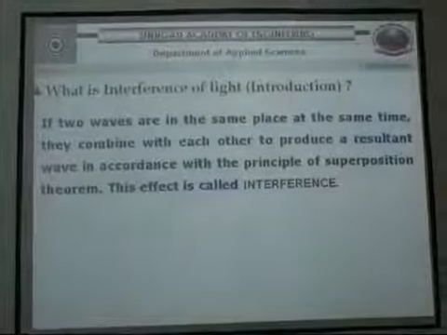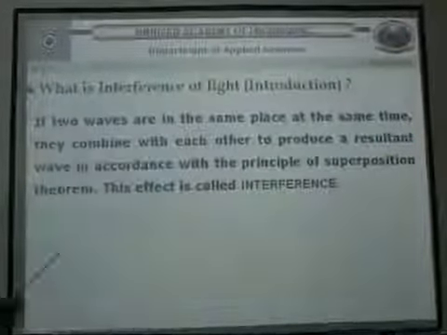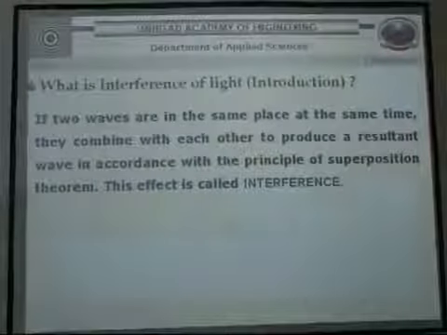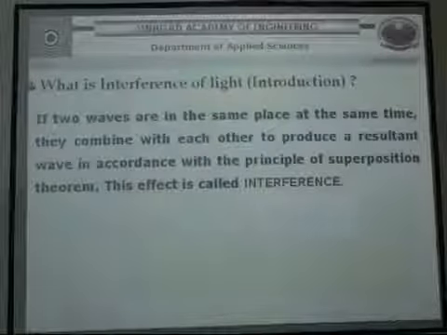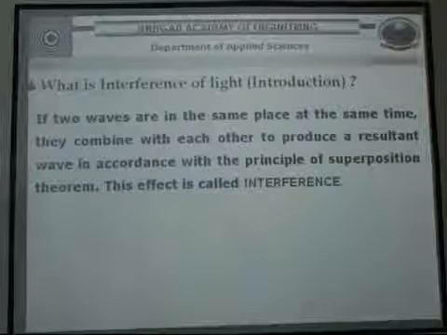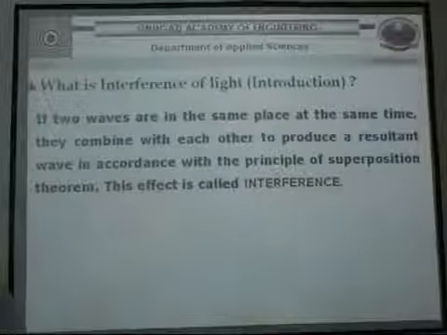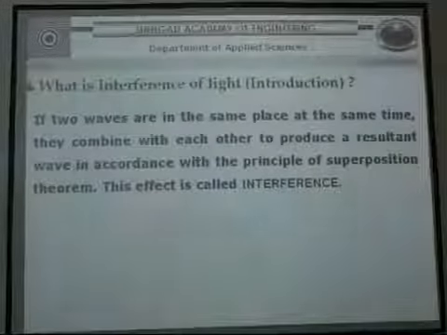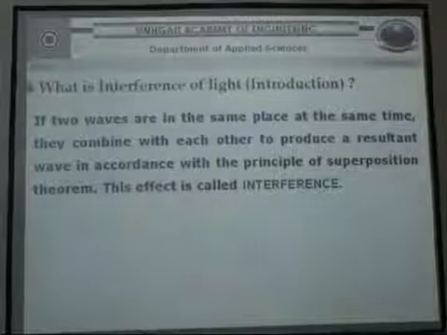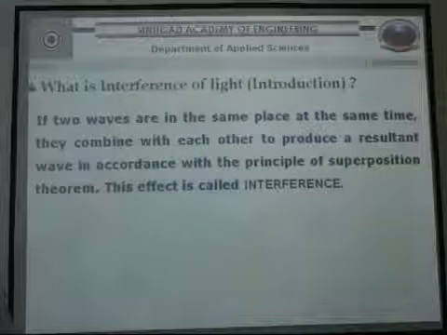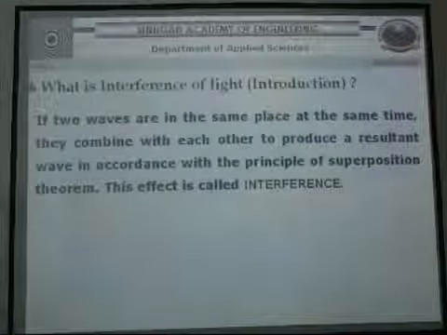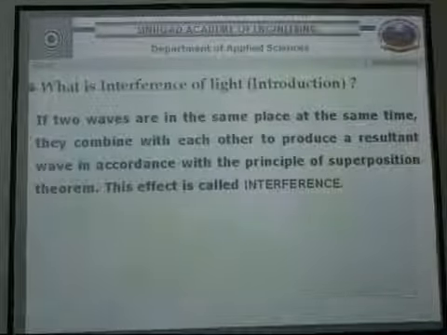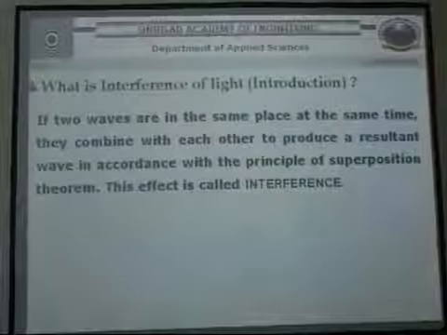We can define the interference, no problem. It is simply an addition of amplitudes of two waves, and the resultant amplitude is the result of two waves. Of course, the algebraic sum is greater than that of one of the waves, or less than that of the single wave.